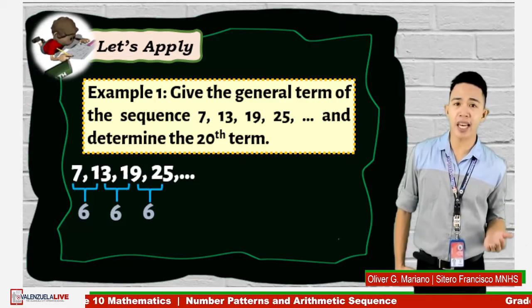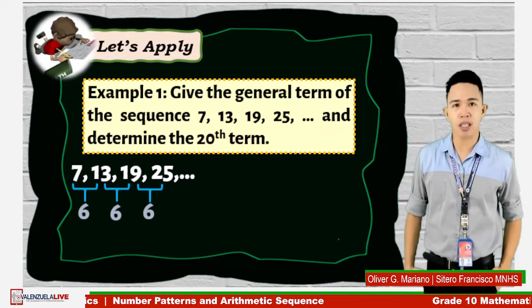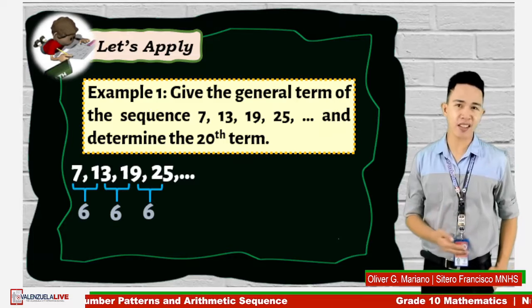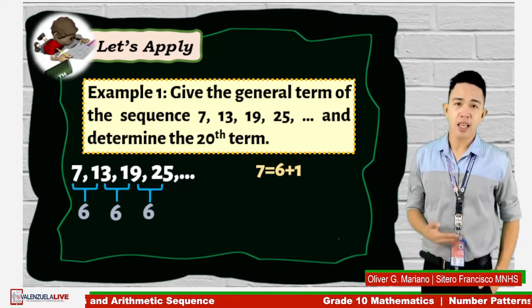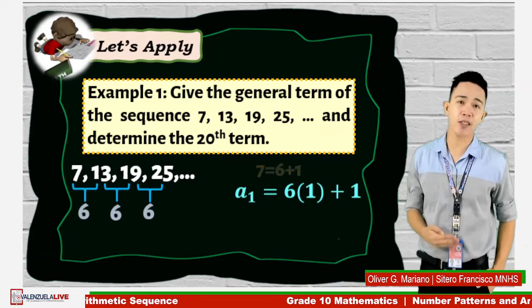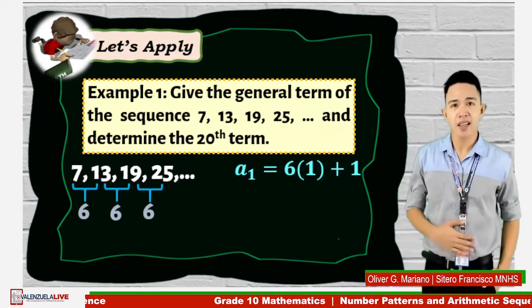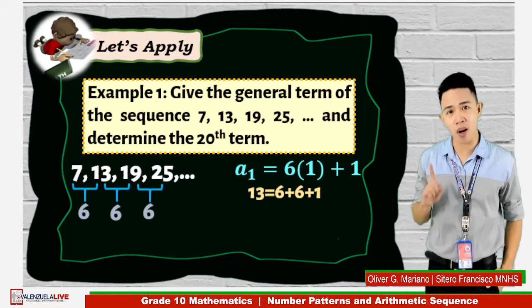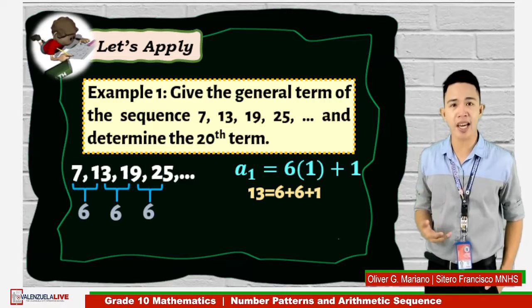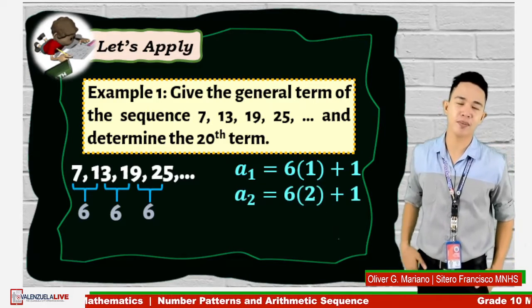Clearly, we can write 7 as 6 plus 1. Rewriting it further, we can say that a sub 1 is equal to 6 times 1 plus 1. Likewise, 13 is equal to 6 plus 6 plus 1, which we can rewrite as 6 times 2 plus 1.